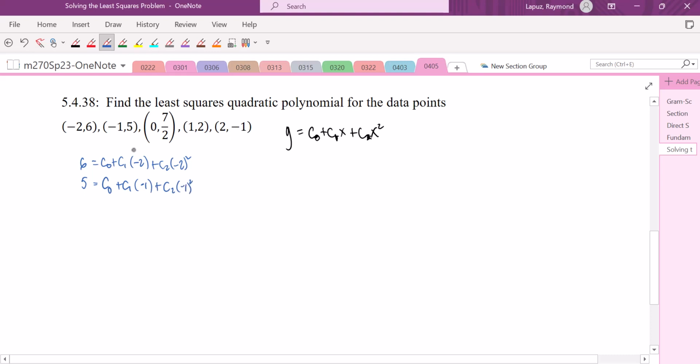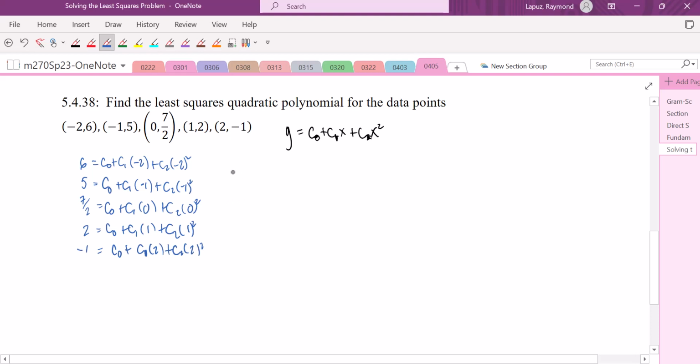Then 7 halves equals c sub 0 plus c sub 1 times 0 plus c sub 2 times 0 squared. Then 2 equals c sub 0 plus c sub 1 times 1 plus c sub 2 times 1 squared. And finally, negative 1 equals c sub 0 plus c sub 1 times 2 plus c sub 2 times 2 squared.